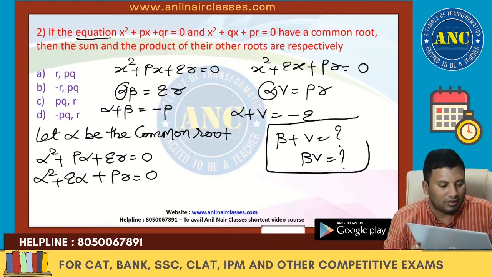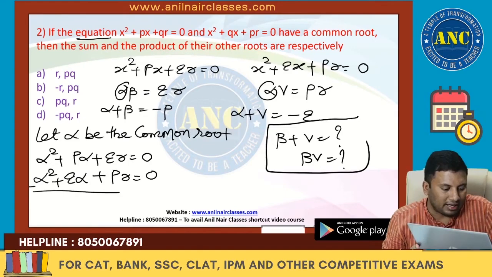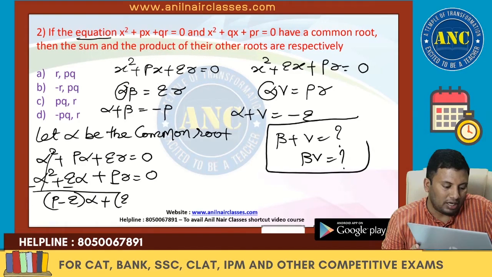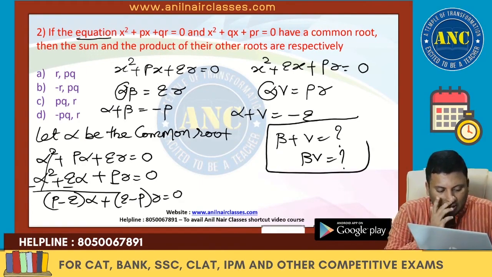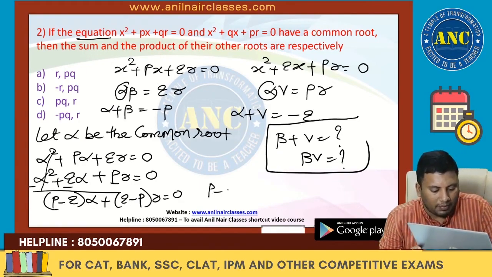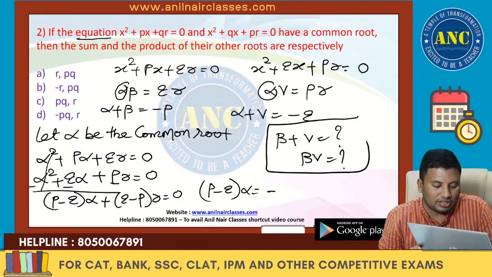Subtracting, alpha square minus alpha square, (p minus q) into alpha plus (q minus p) into r equivalent to 0. So (p minus q) into alpha equivalent to (p minus q) into r.